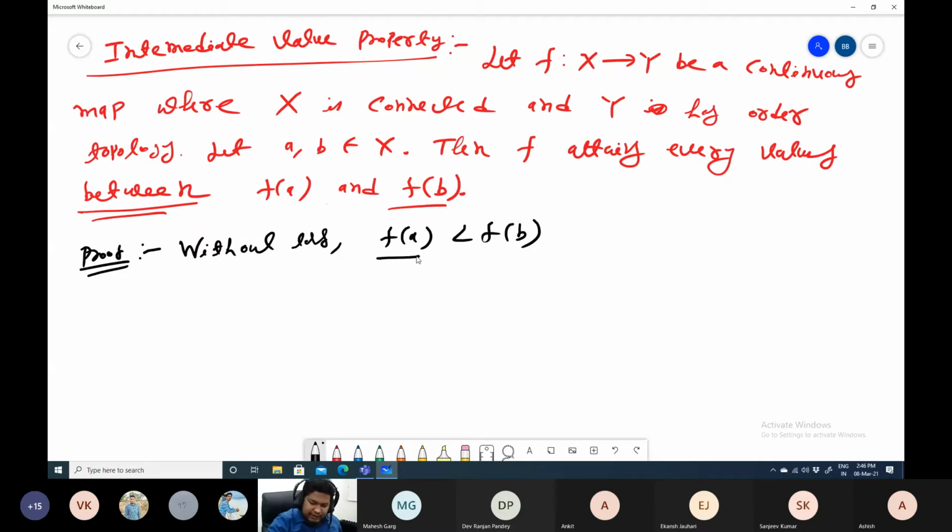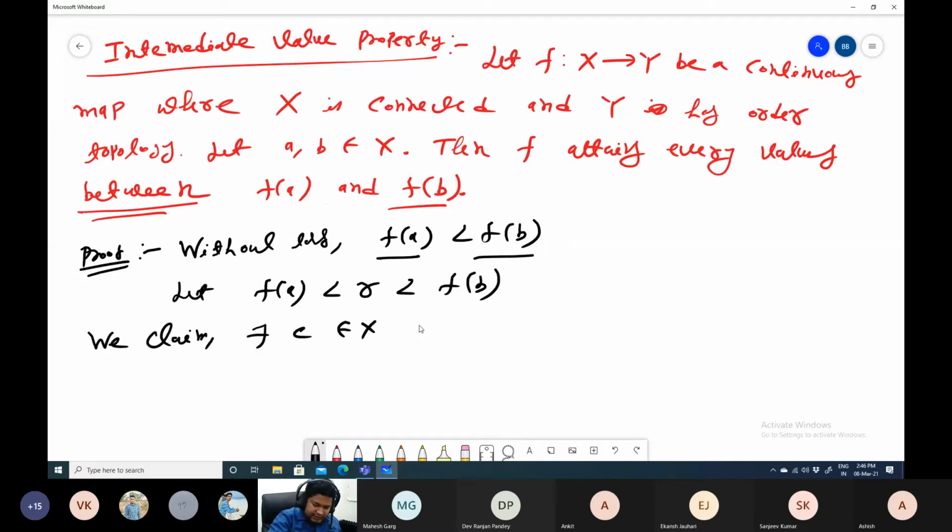So without loss, we can take f(a) less than f(b), and let f(a) be less than r less than f(b). Now we claim that there exists a c in X such that f(c) equal to r. Then we are done. Is that fine with everyone? If we can prove this, then we are done.